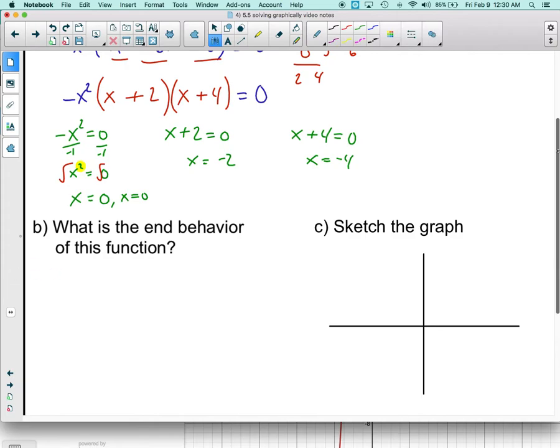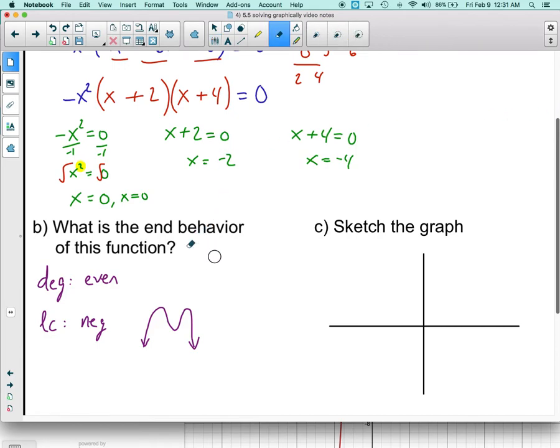The degree of our function is 4, and 4 is an even number. The leading coefficient of our function was negative 1, and negative 1, of course, is a negative number. So what did negative and even give us? Or, we think about, what did a 4th power give us? It was supposed to be a W, but the negative then flips it upside down and makes it an M. So what's our end behavior?